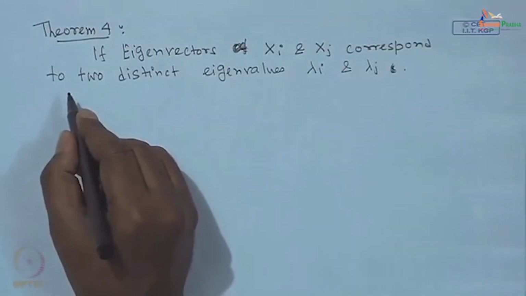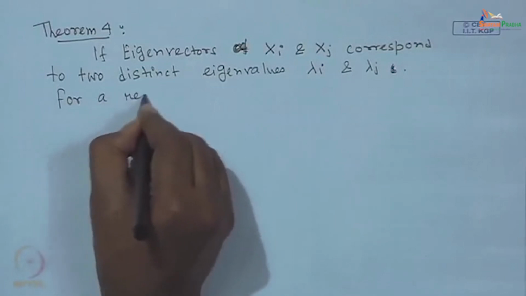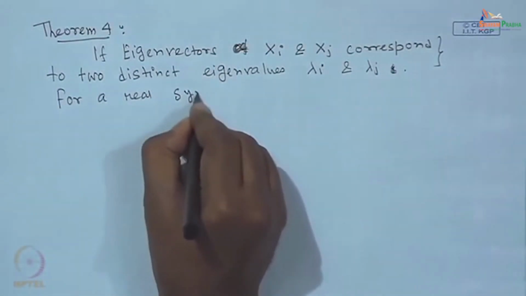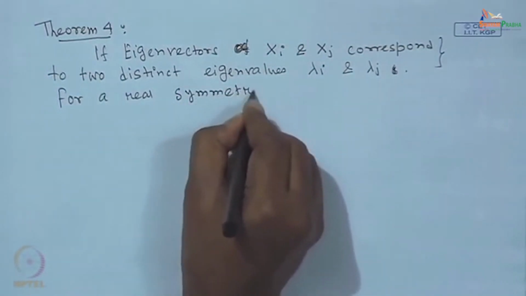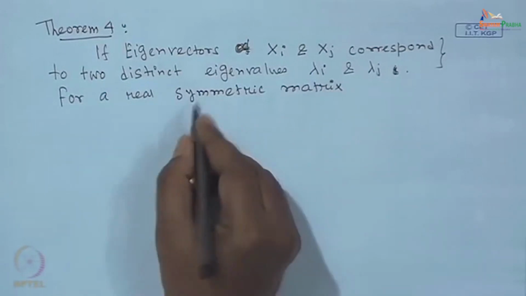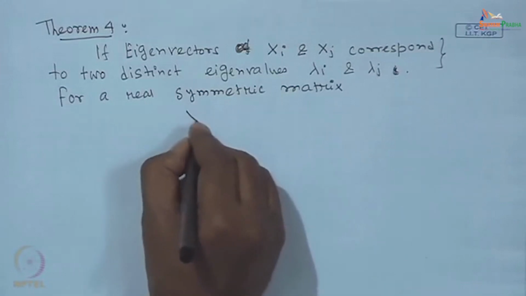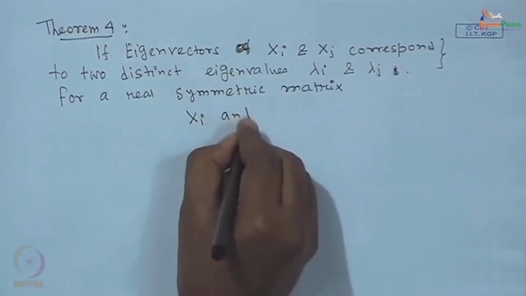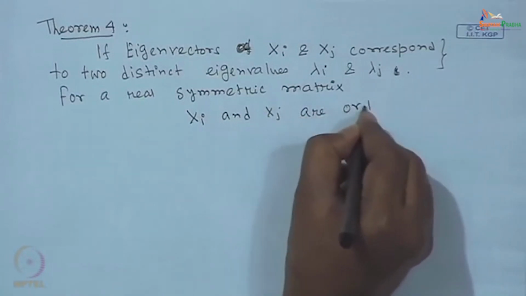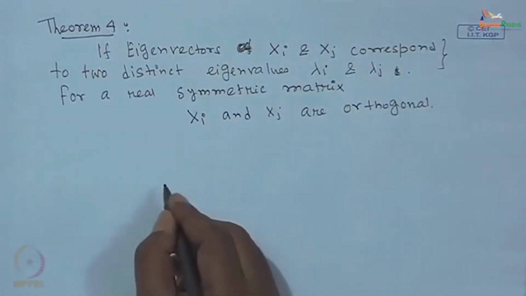for a real symmetric matrix. If this is the case, then for a real symmetric matrix, x I and x j are orthogonal. Okay.